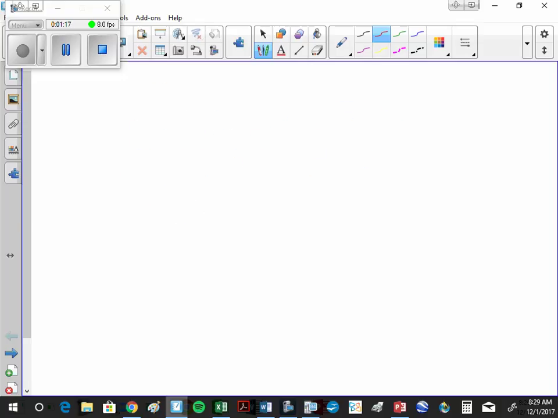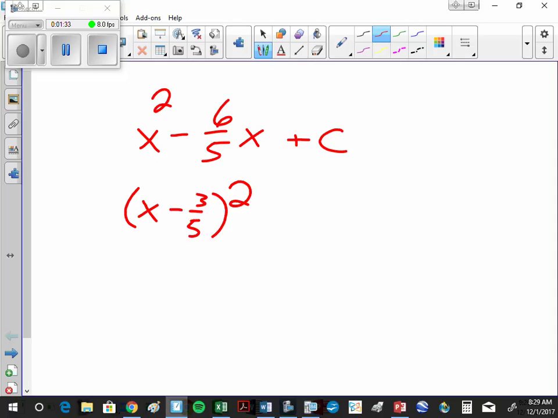What if it's a fraction? There are 2 ways to divide a fraction by 2. The first one is cut the top in half, which is what we're going to do here. X minus 3/5. And then 3 times 3 divided by 5 times 5 is 9 over 25.